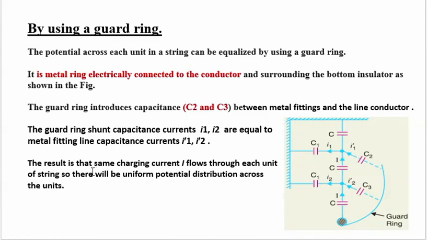So as a result the same charging current I will flow from each unit of the string. Here in the diagram, as you can see, these currents will be balanced, so this will result in uniform potential distribution, and as a result the current I will be constant throughout the insulator string.